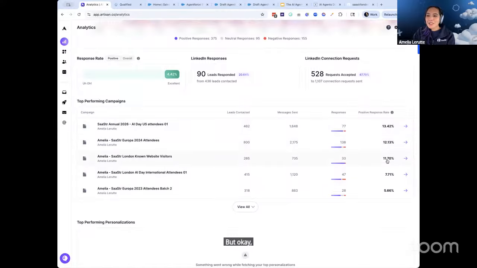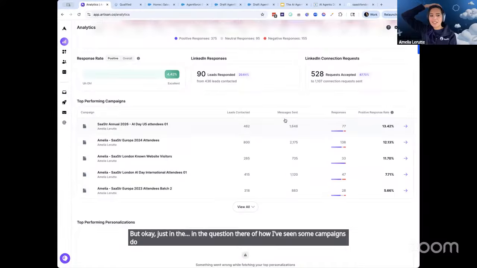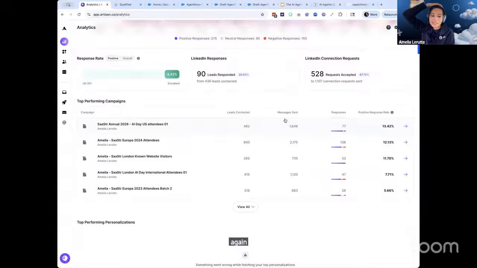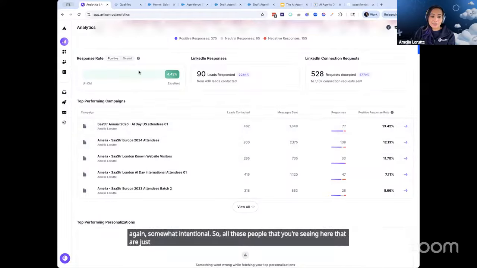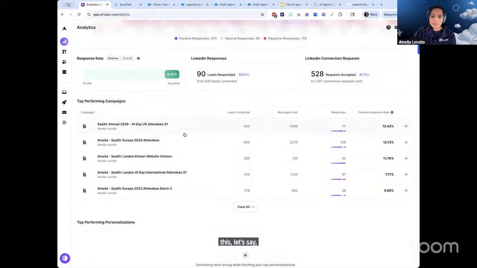But okay, just in the question there of how I see some campaigns do better than others. Yeah, but it's also, again, somewhat intentional. So all these people that you're seeing here, in this outbound general AI SDR agent, are warm outbound.